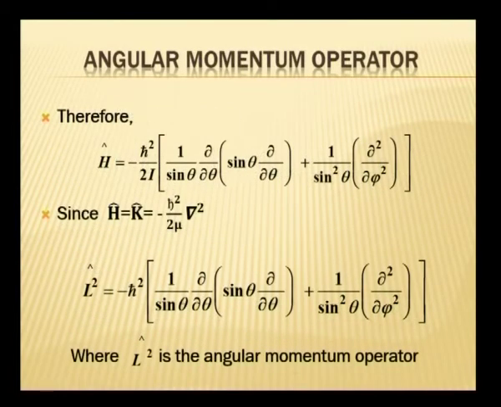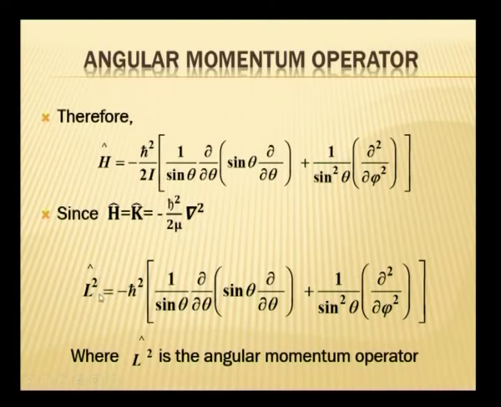And therefore, your Hamiltonian, which is independent of the potential energy term and also independent of the term involving r alone, because r is a constant, leads to this kind of expression. Since H is the kinetic energy operator, that will be minus h bar square by 2 mu into del square.